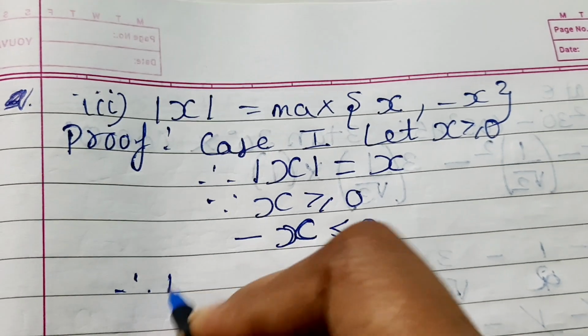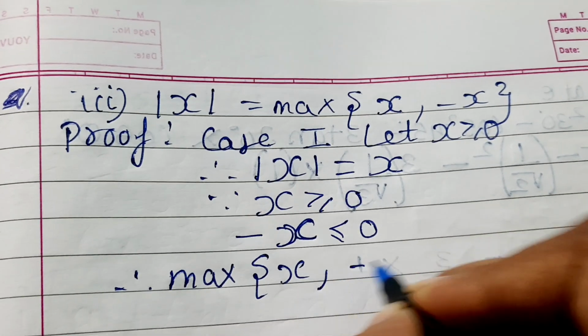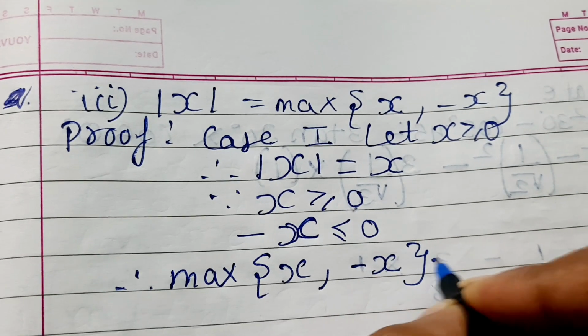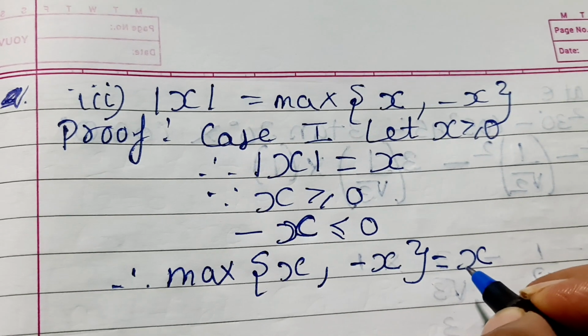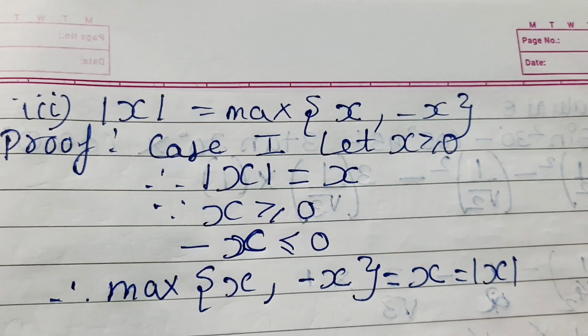Therefore, the maximum of x comma minus x is equal to x, which is nothing but modulus of x.